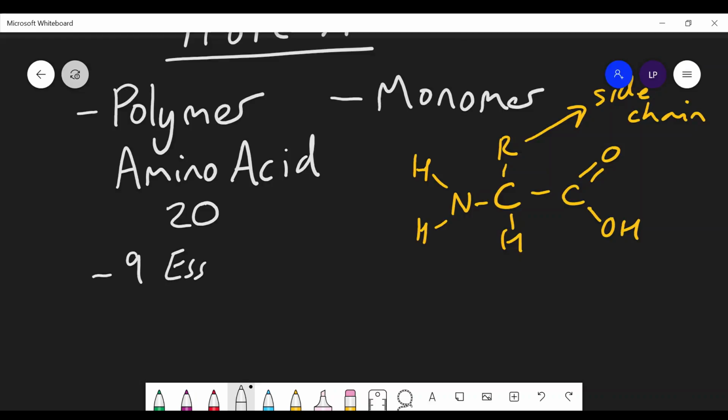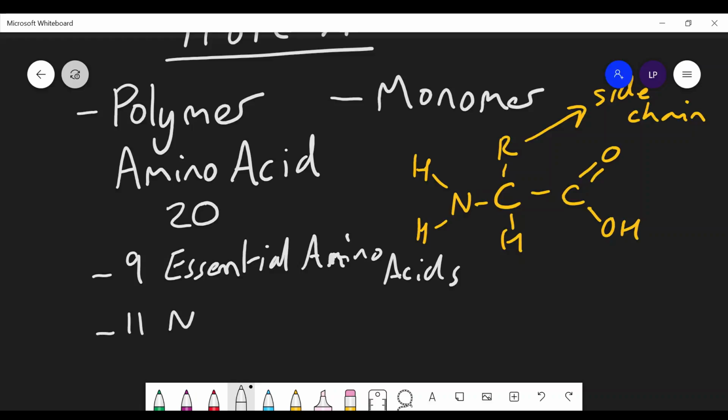Of these amino acids, 9 are classed as essential amino acids. This simply means that these ones we cannot make via processes in our body. We need to get these via our diet. The other 11 are classed as non-essential.